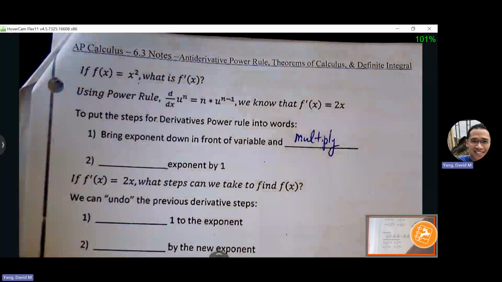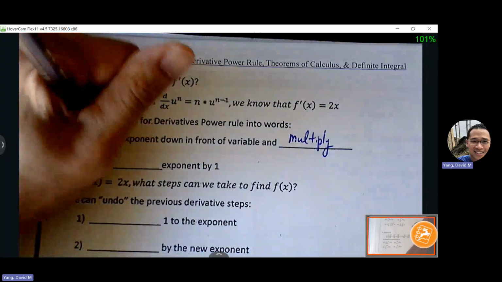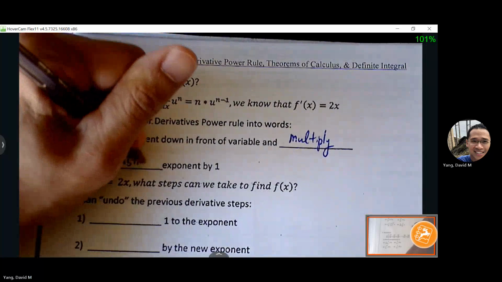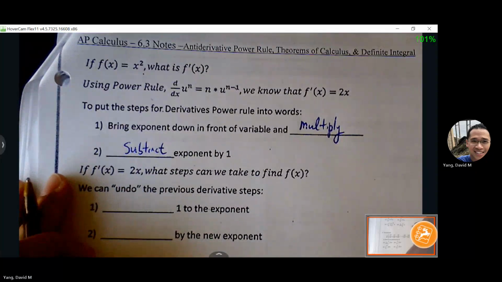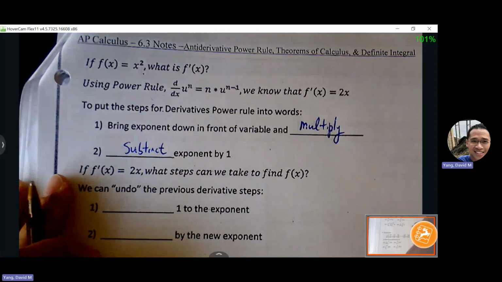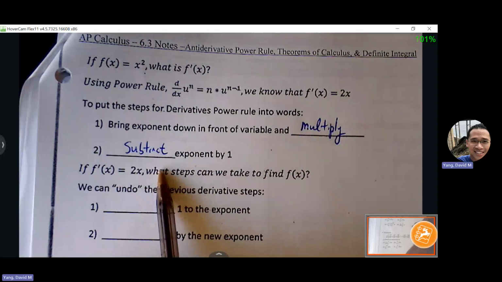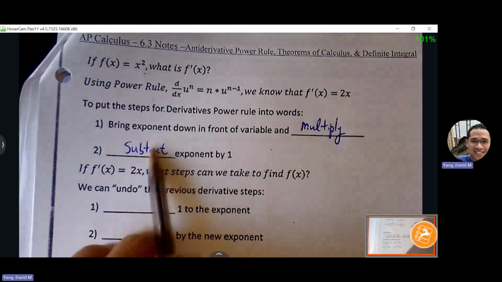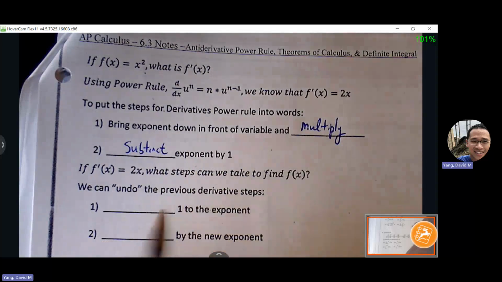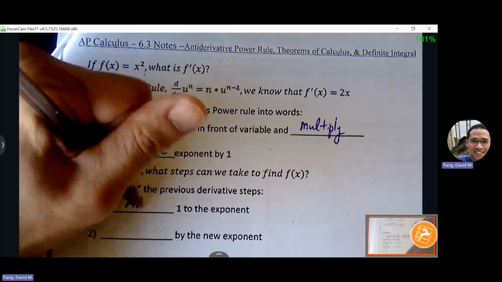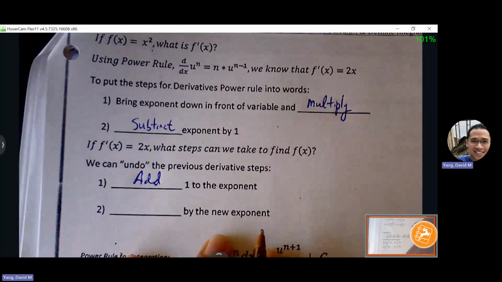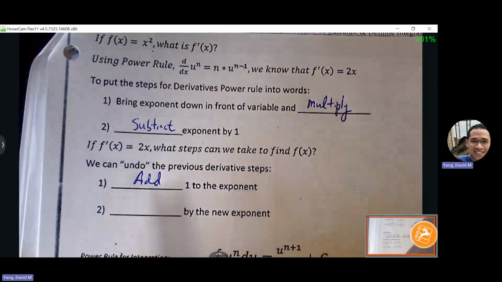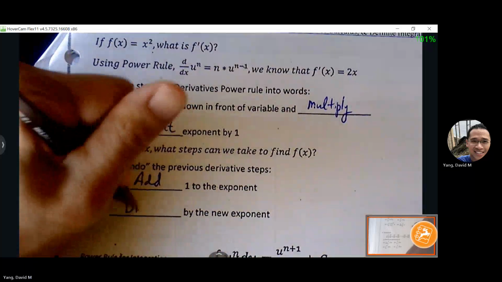And then you subtract your exponent by 1. So if I want to undo this process, rather than subtracting the exponent by 1, I'm going to do what? Add. Okay. So imagine I'm trying to work my way back up the chain here. And instead of multiplying, I'm going to do what? Divide.